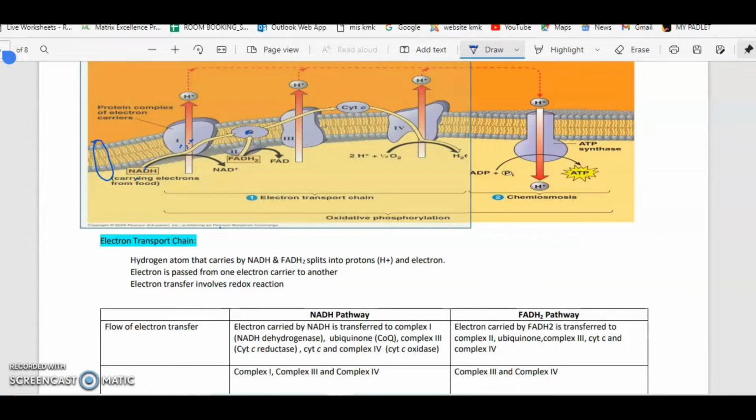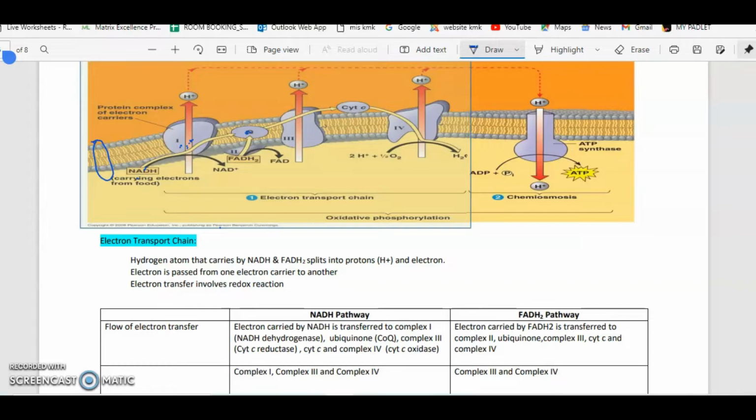Okay, and then apa yang jadi, every time the complex of protein, complex 1 oxidizes, complex 3 oxidizes, complex 4 oxidizes, they may pump proton. Okay, they may pump hydrogen ion from matrix to intermembrane space.